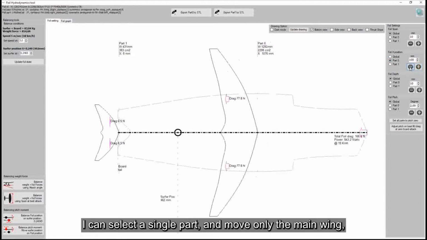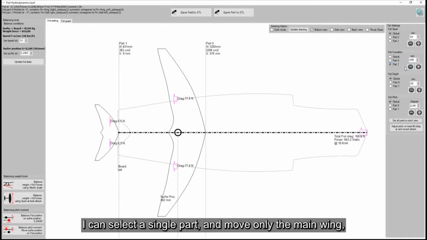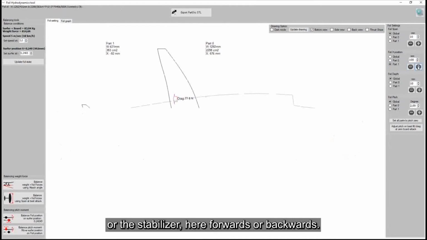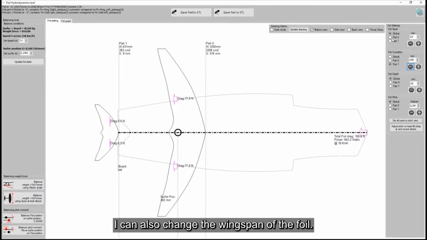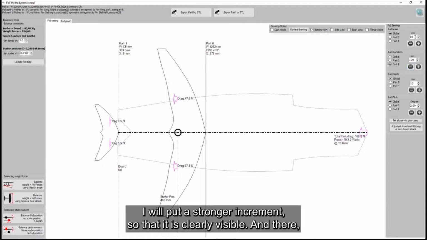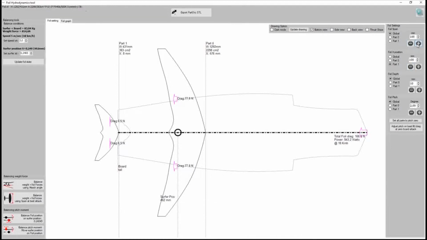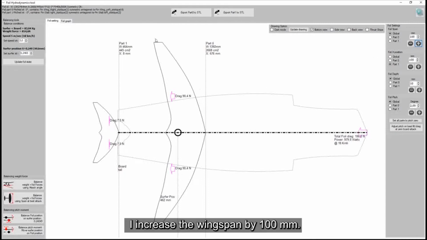I can select a single part, and move only the main wing, or the stabilizer, forwards or backwards. I can also change the wingspan of the foil. I will put a stronger increment, so that it is clearly visible, and there, I increase the wingspan by 100 millimeters. I selected global, so it's my two wings that will be enlarged.